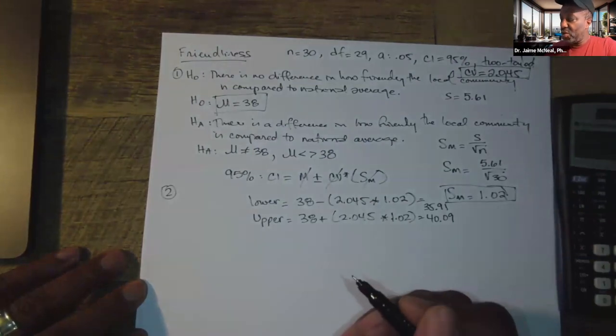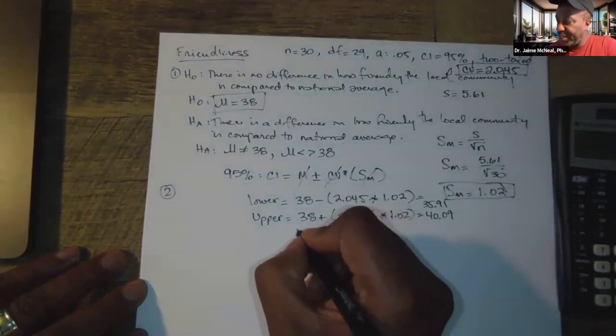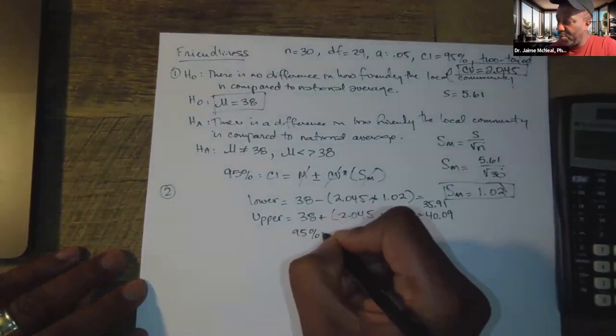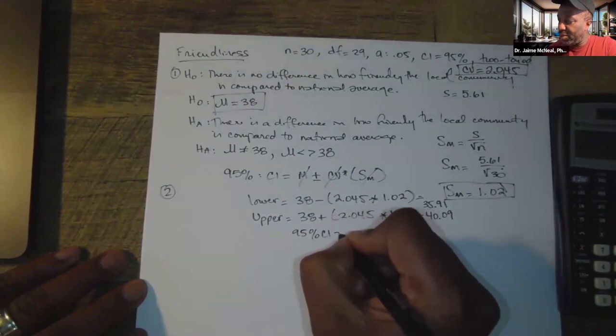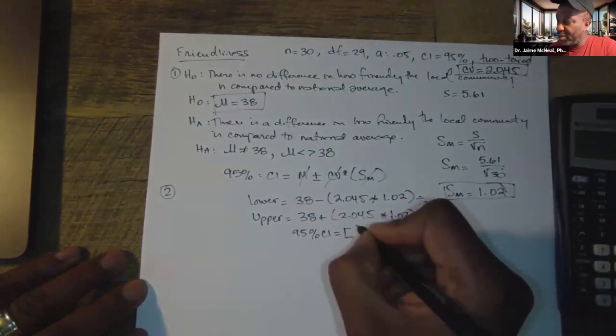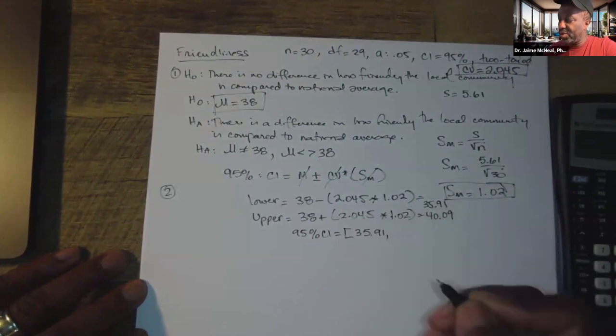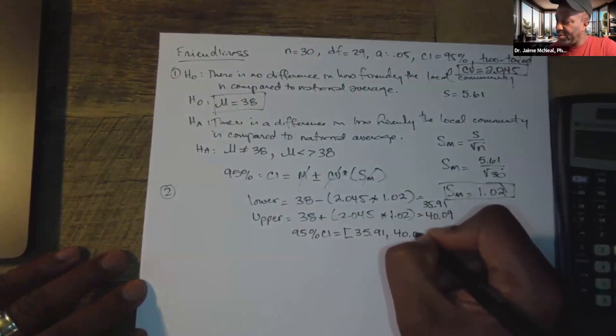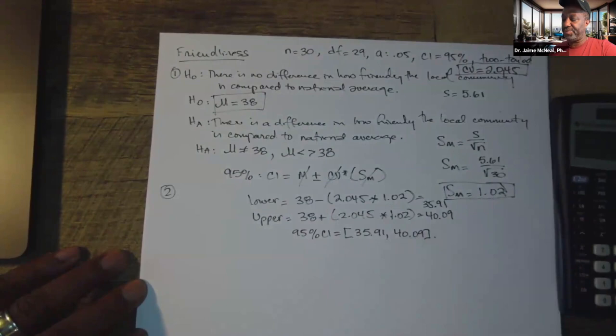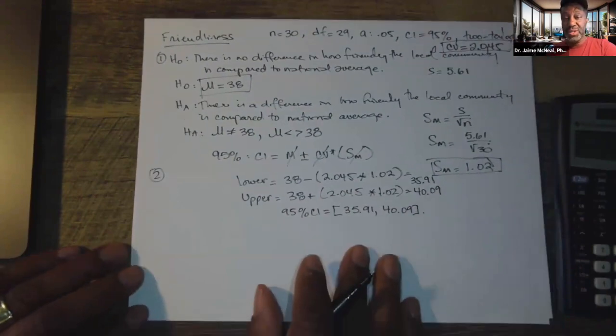Okay, so our 95% confidence interval to report equals bracket 35.91, that's the lower, 40.09 is the upper. Okay, so that's the result.